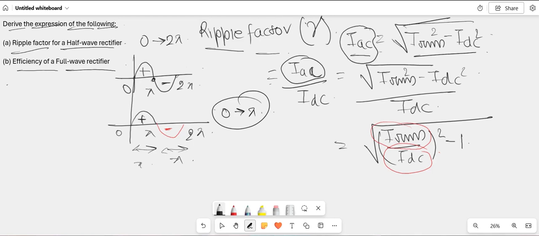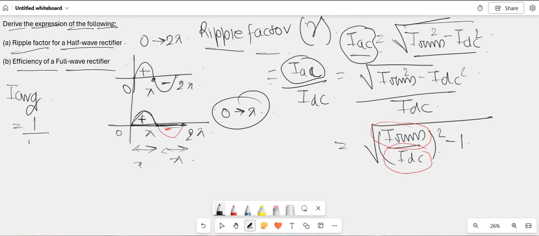If you want to calculate the average value, I of average is equal to, for a half-wave rectified output, the total time period is 2 pi. But we will get the output from 0 to pi only, and we will get 0 from pi to 2 pi. Or another scenario may arise, where we will not get any output from 0 to pi, and we will get output from pi to 2 pi.